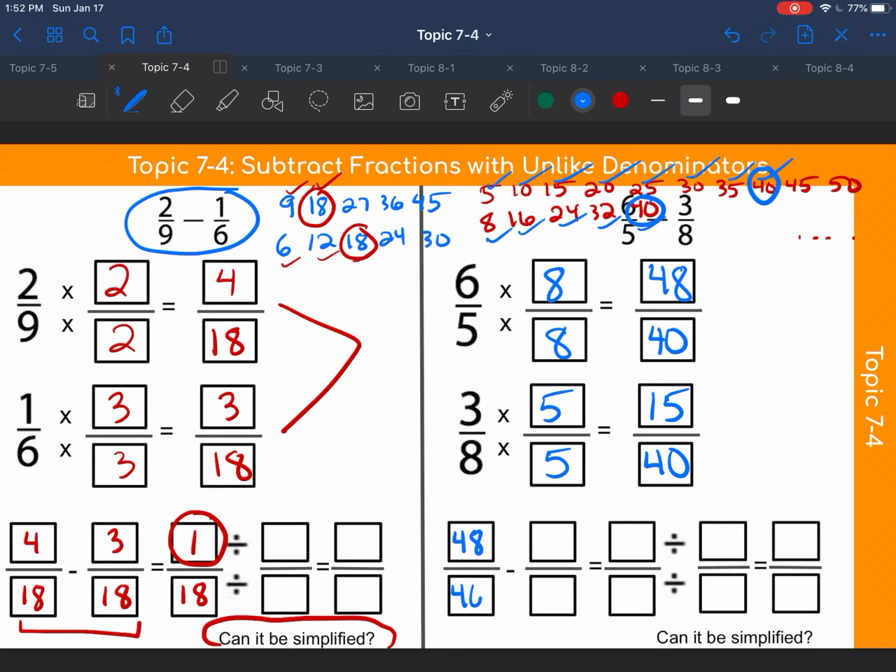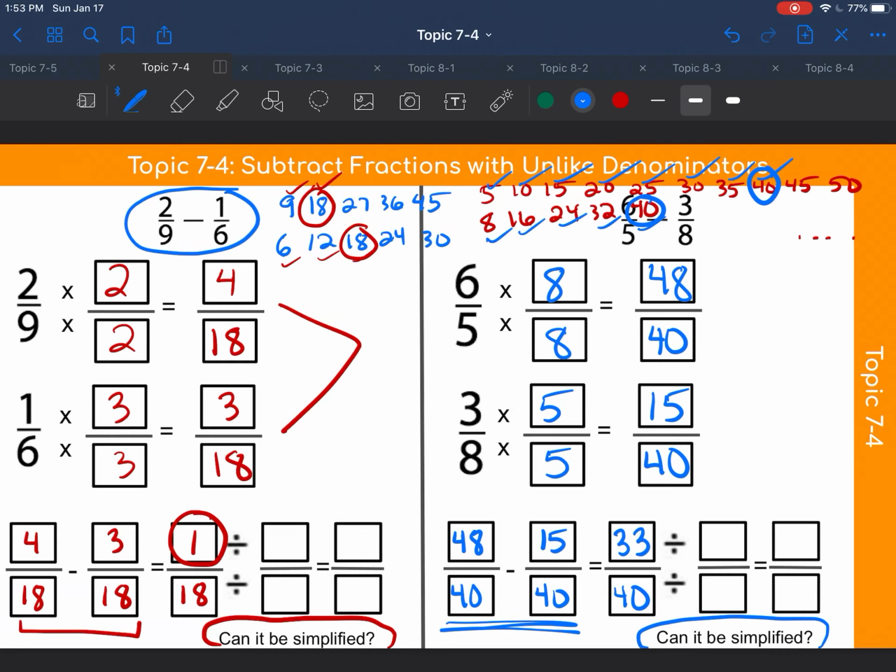We have 48/40 minus 15/40. Again, the denominator stays the same. So the denominator is 40. We have 48 minus 15. We get 33. And again, in our head, we always say, can it be simplified? That is always there.